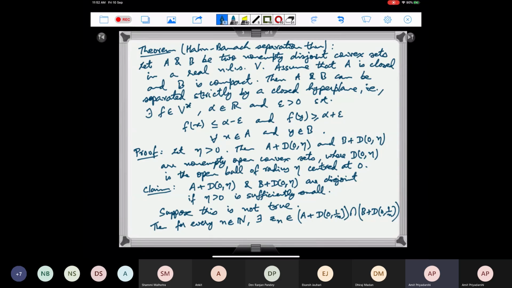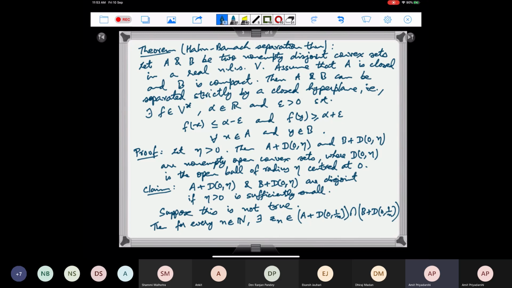For example, I think if you have a topological vector space, it can work, because you need some vector space structure to add these sets, and then if you have some topology, it may be possible to prove similar things. But we are not studying more general topological vector spaces.